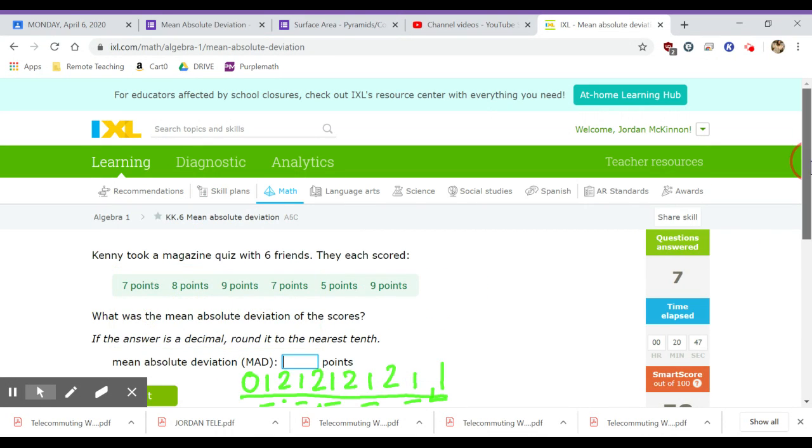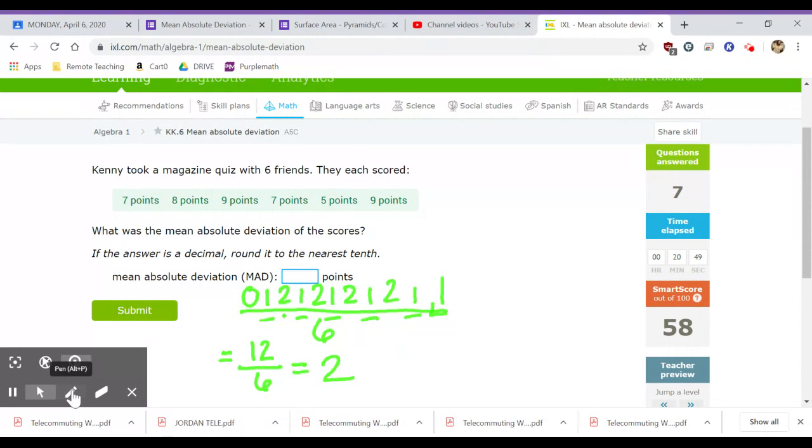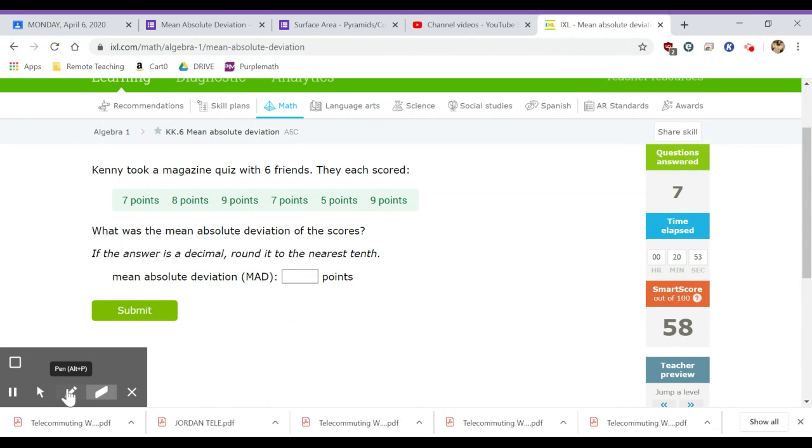Okay, maybe we're back. We're at 58. Maybe this will be the last one. Okay? So we need to add all of these together from the mean of our original data set. So I'm going to add 7 plus 8 plus 9 plus 7 plus 5 plus 9. I'm going to type those in my calculator because I'm so close. I don't want to make a mistake.